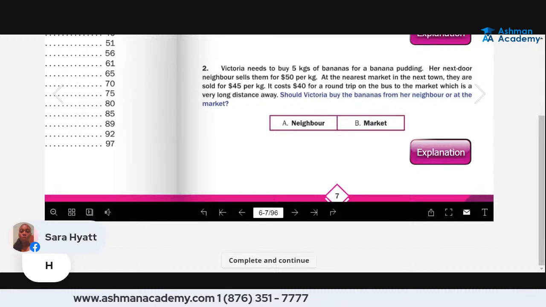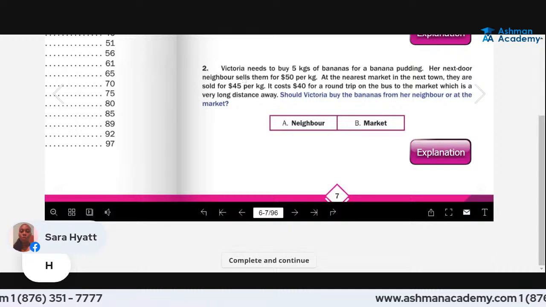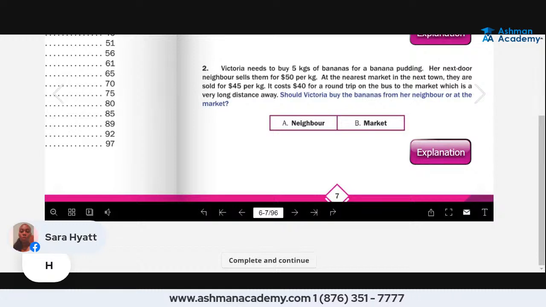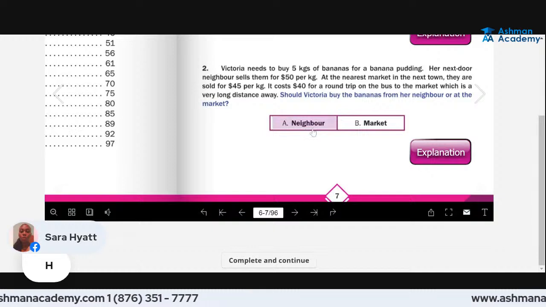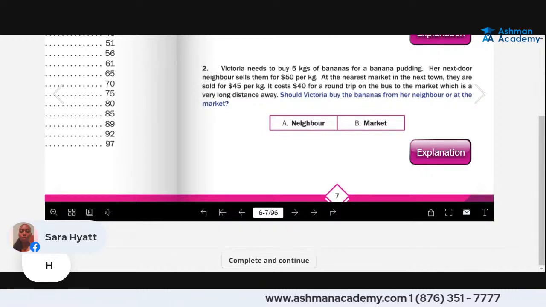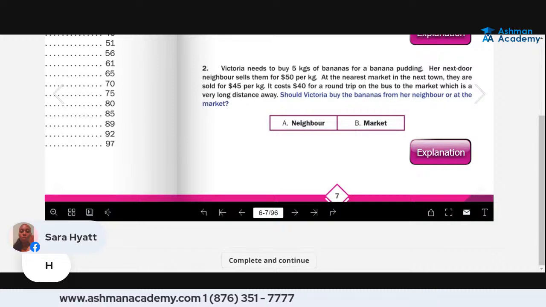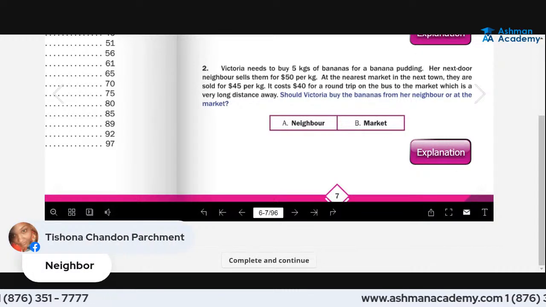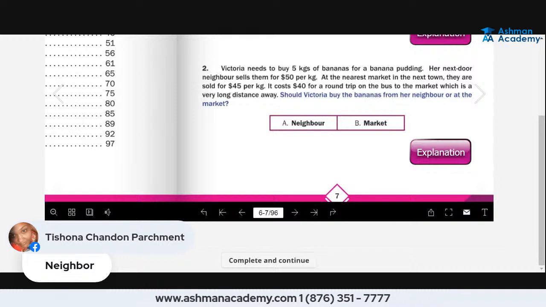I put in the question that the market is a very long distance away so that you understand that if you're going to buy it from the market, you're going to have to take a bus. So should she buy the bananas from her neighbor, or at the market? Now, let me see what you guys are saying. Guys, I don't see any answer to that. Tishona, I want you to tell me why you're saying neighbor.